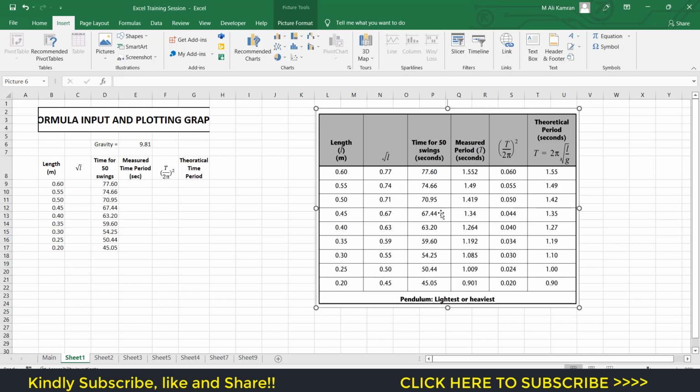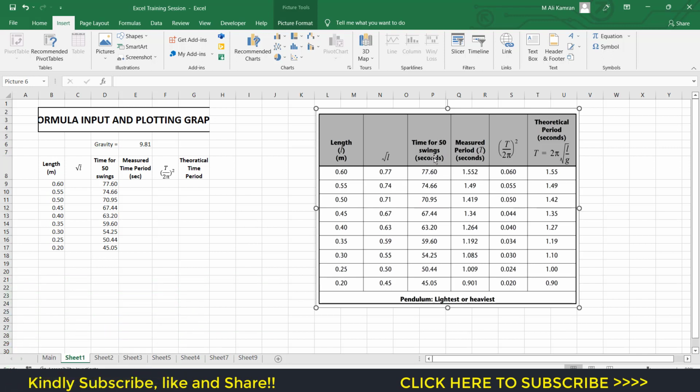What we need to do is have the square root of length values. We need to have the mean time period, and since this is the time taken by 50 swings, the time period is basically the time taken by only one swing, right? So we will divide this value by 50.